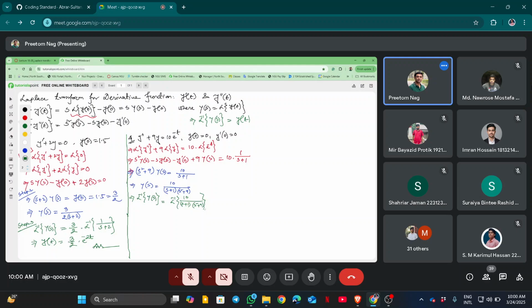What we need is to factorize, that is, to find the partial fraction of this quantity to evaluate the inverse Laplace transformation. The inverse Laplace transformation of Y(s) will be y(t). Now let us find the partial fraction for 10 over s plus 1 into s squared plus 9.